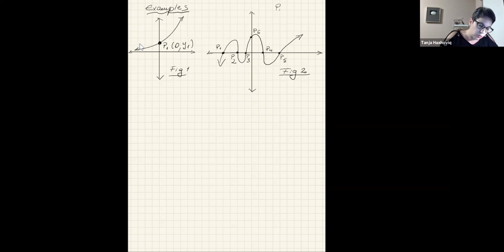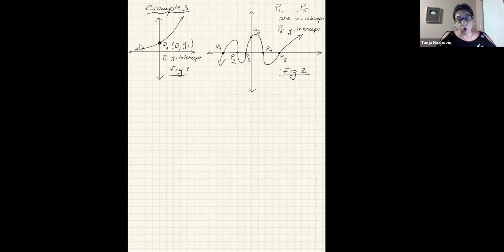So P1 through P5 are x-intercepts, and P6 is the y-intercept here.